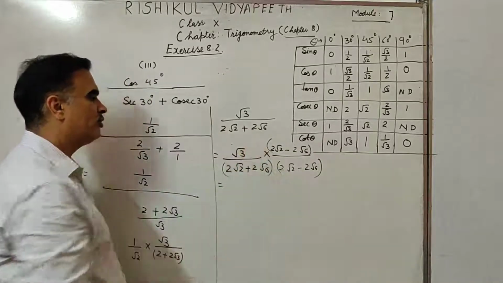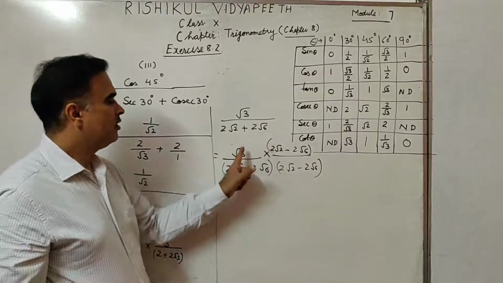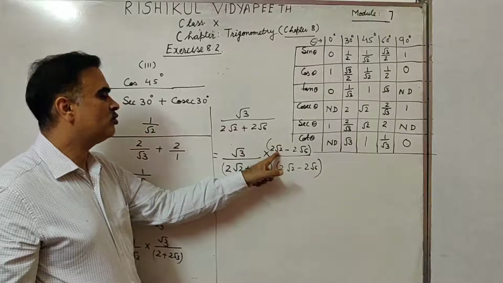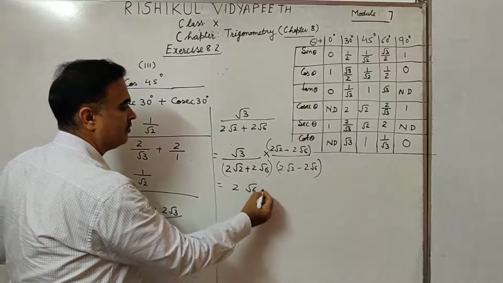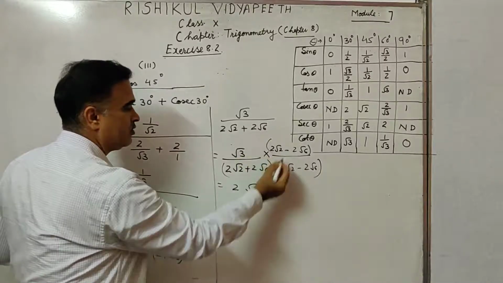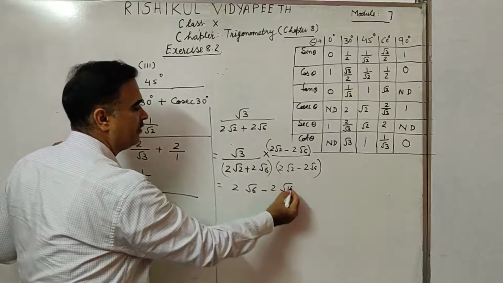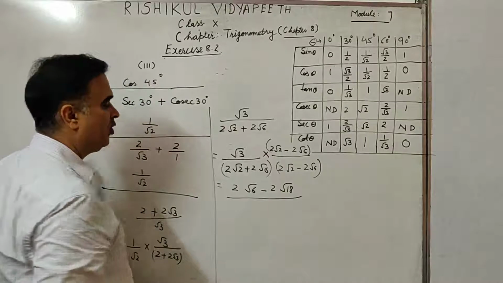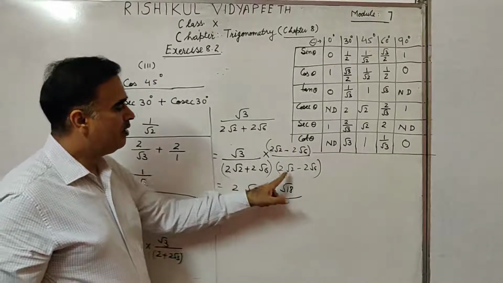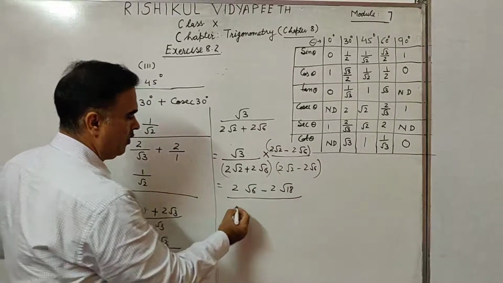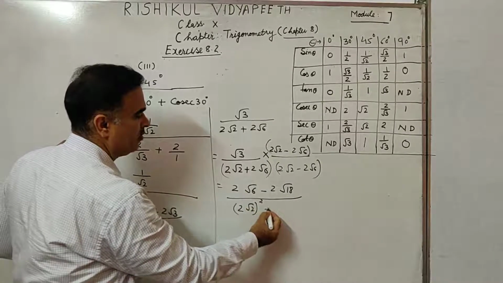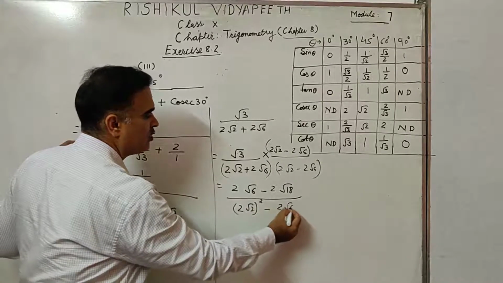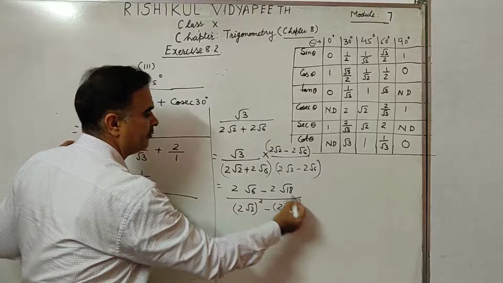Now what will you do? You are to multiply this. Root 3 will multiply by this 2 root 2. What will it become? It is 2 root 6 minus 2 root 18, upon, what is this now? A plus B, A minus B. It becomes 2 root 2 whole square minus 2 root 6 whole square.